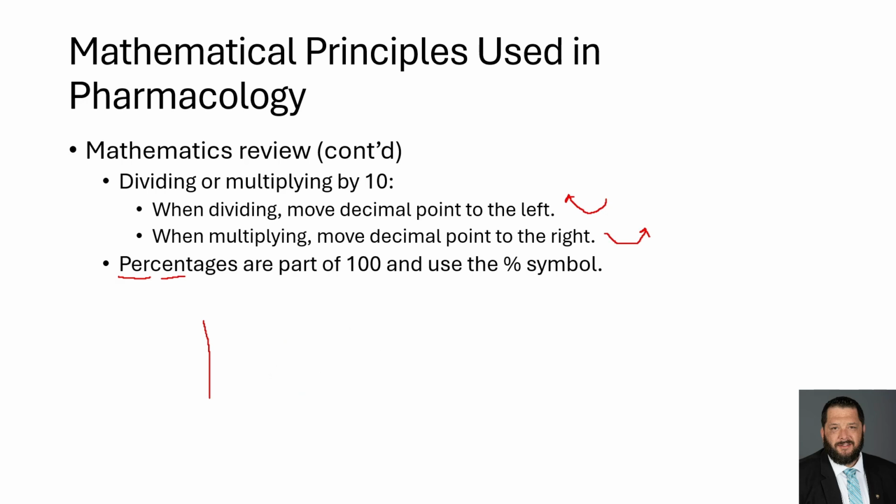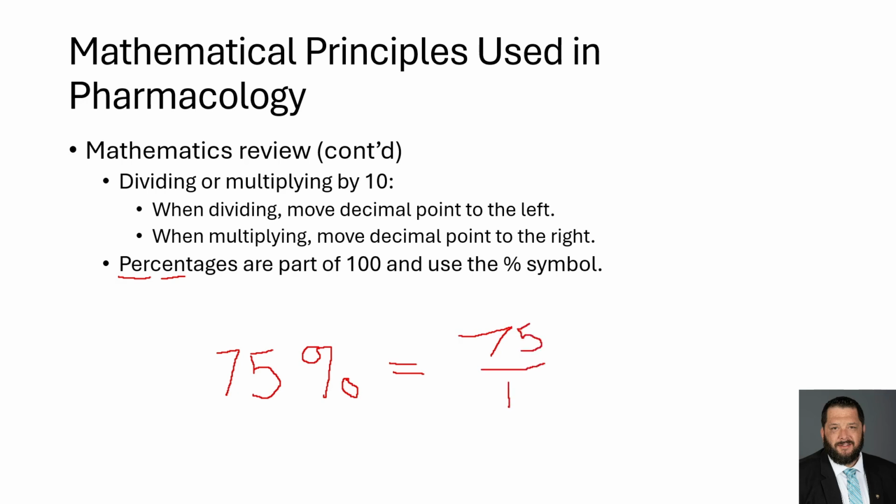So for example, if we talk about 75%, another way of expressing 75% as a fraction would be 75 of 100 parts. 75 per cent, cent meaning 100.